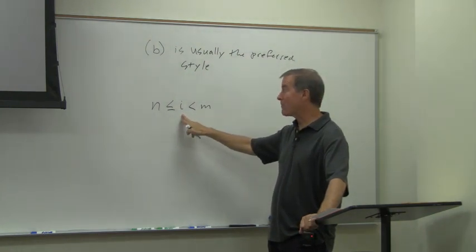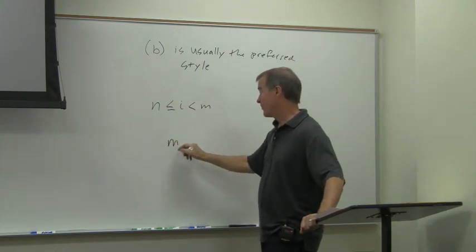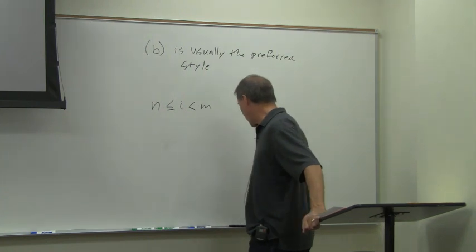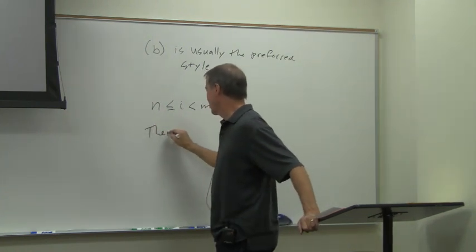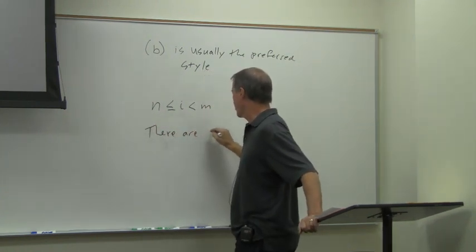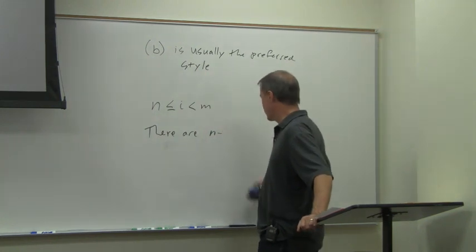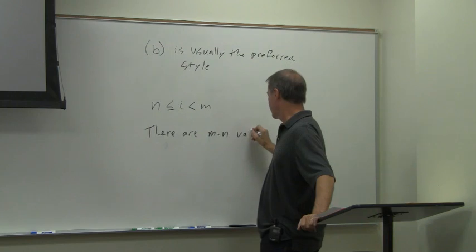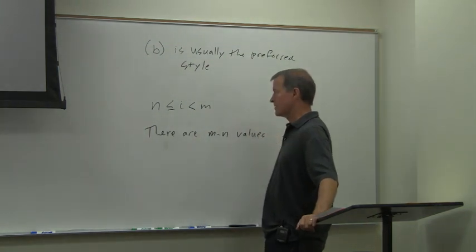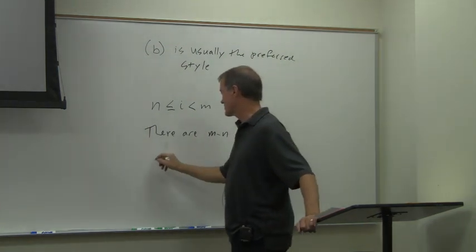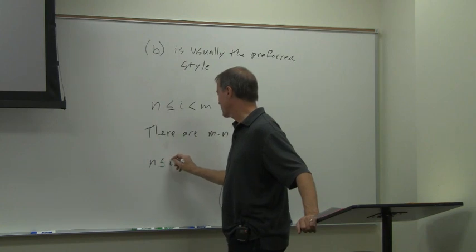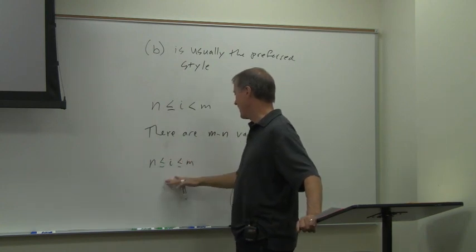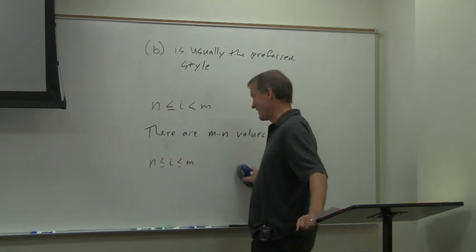M minus N. There are M minus N values. But if you do it like this, N less than or equal to I less than or equal to M, there are M minus N plus 1.